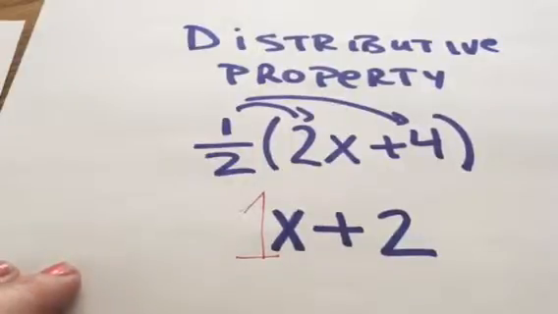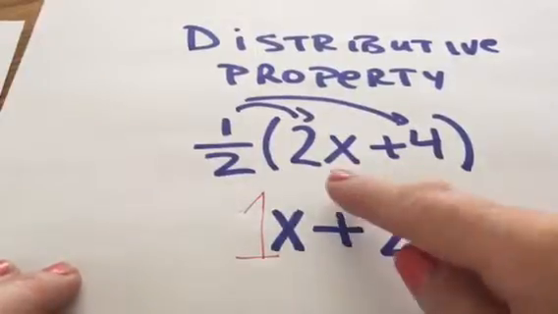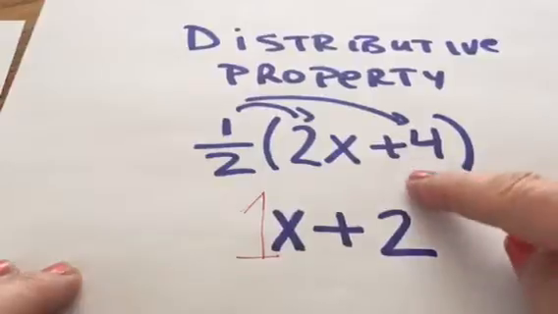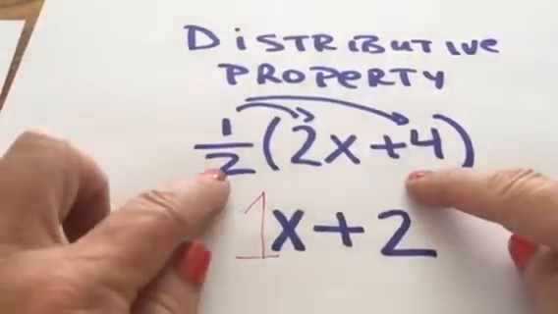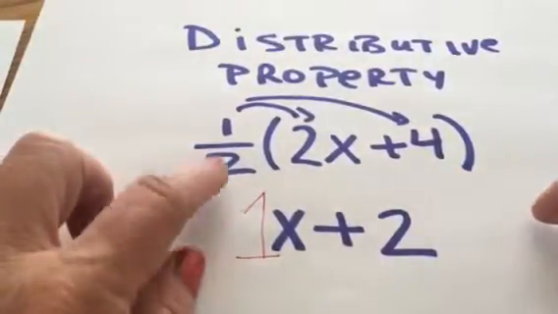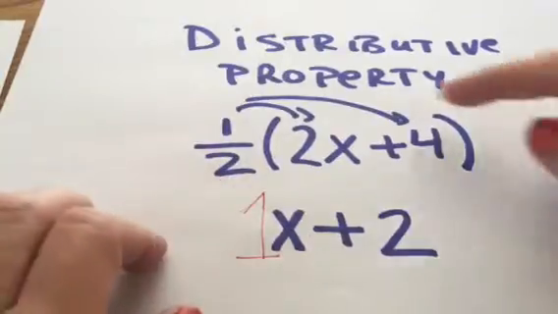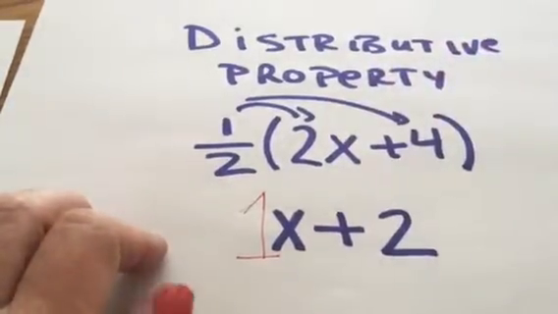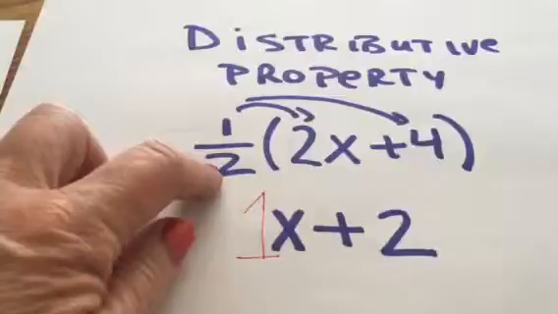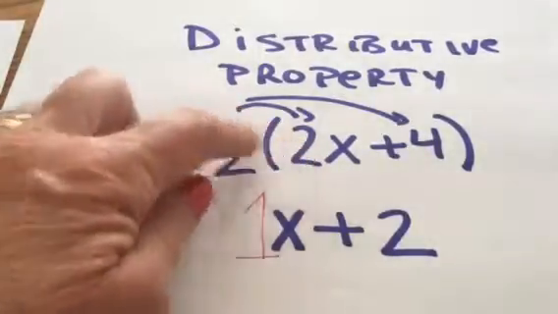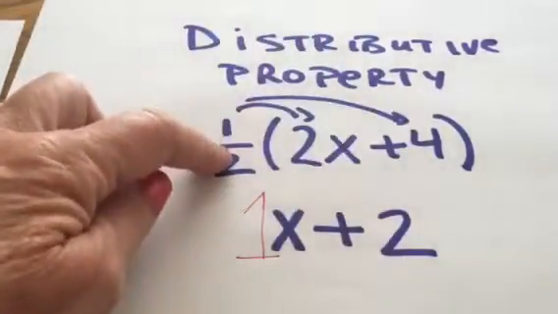The distributive property is useful when we have two terms inside parentheses separated by a plus or minus and a number outside or an expression outside. I put the arrows in here to remind you that when we use the distributive property, the 1/2 is going to multiply both things inside the parentheses.